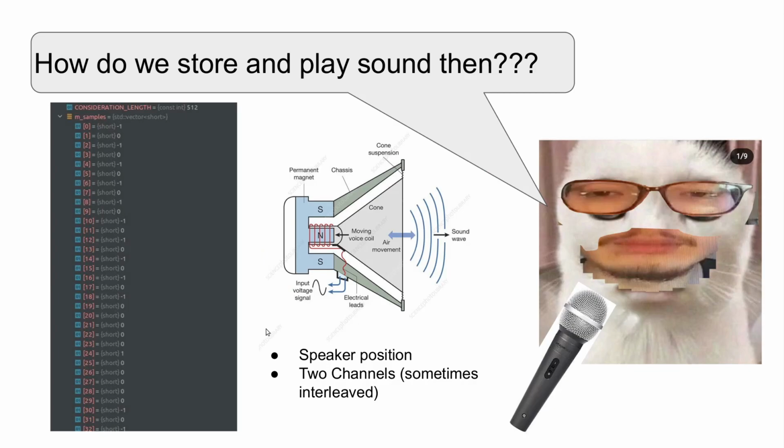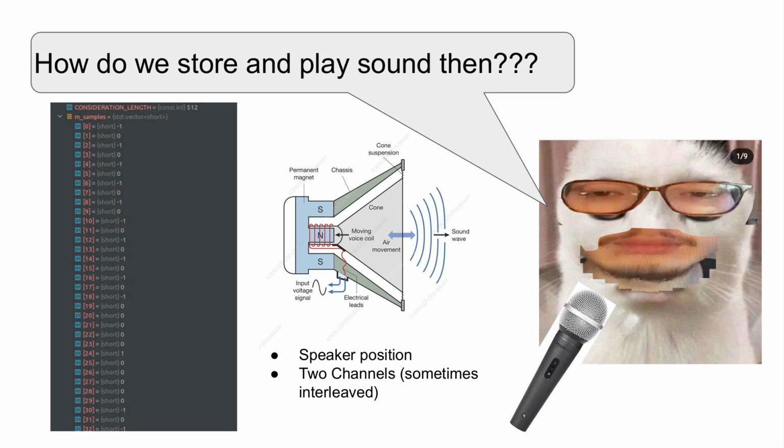So the next question, how do we store and play sound then? This is kind of interesting. Sound is stored as a single sequence of numbers, and those numbers represent the position that the speaker head needs to be in to replicate that sound.